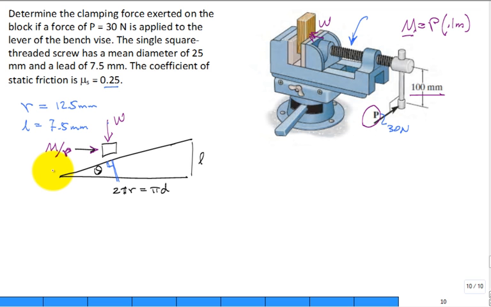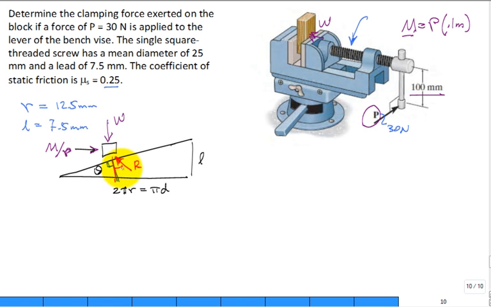And then if I look at what it's doing in the screw, the moment divided by the mean radius gives me that horizontal force. Now, if you're trying to tighten it, then with respect to the normal, we have the angle for that combined friction force, the normal plus the tangential friction force.